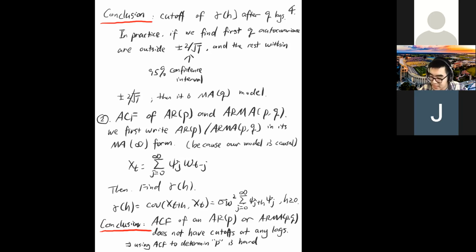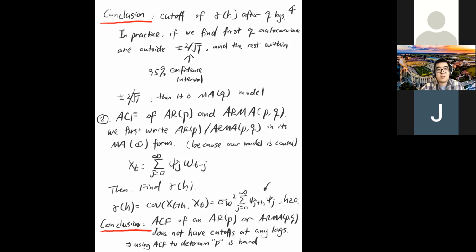But even though this autocovariance function is not as informative as the autocovariance function of the MA(Q) model, it still gives us some information. The information comes from this psi.